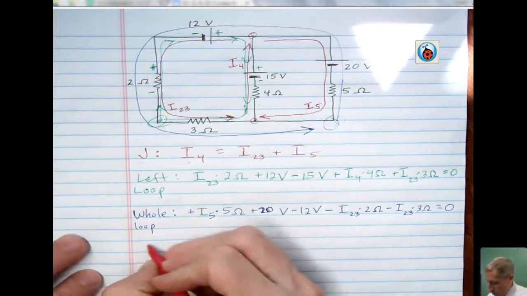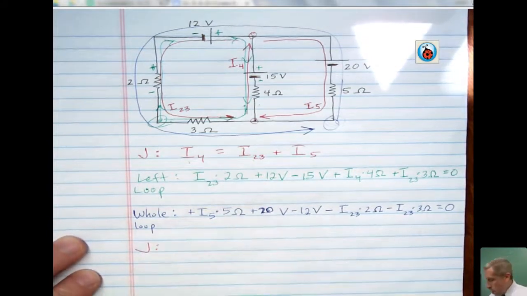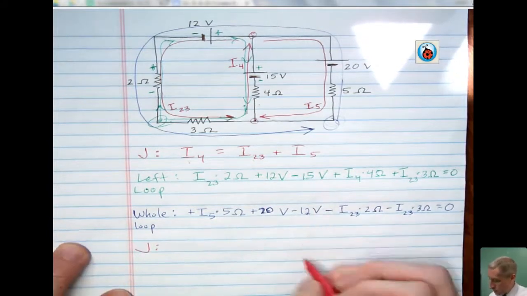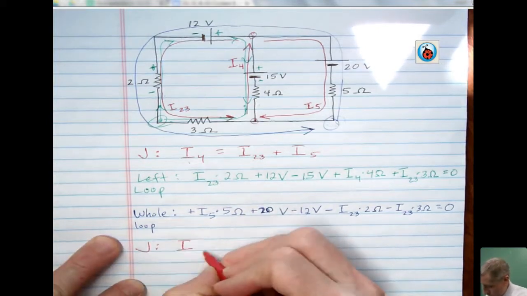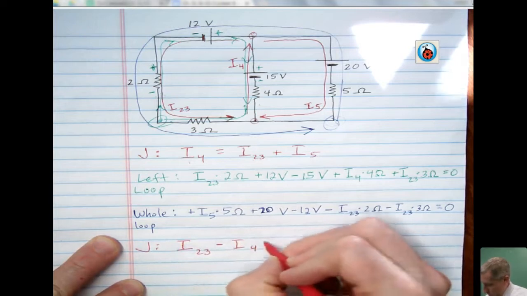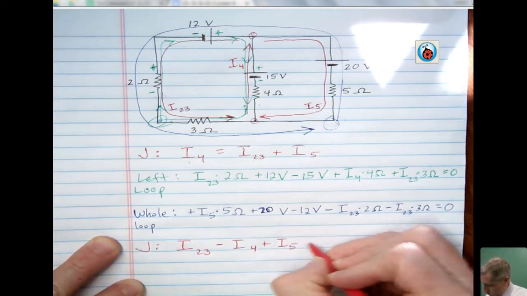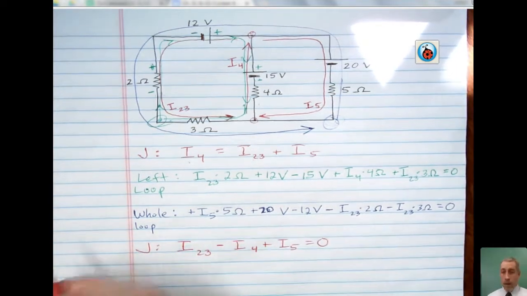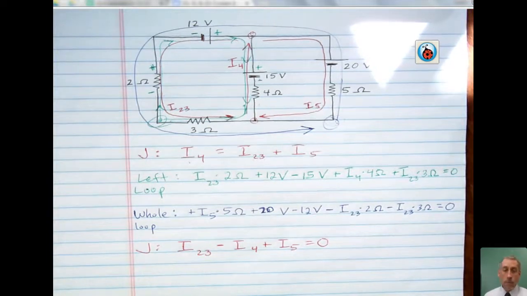So when I rewrite my junction equation, I would write I-23 minus I-4 plus I-5 equals 0. And that's exactly the same equation I had before, just written in a slightly different order.